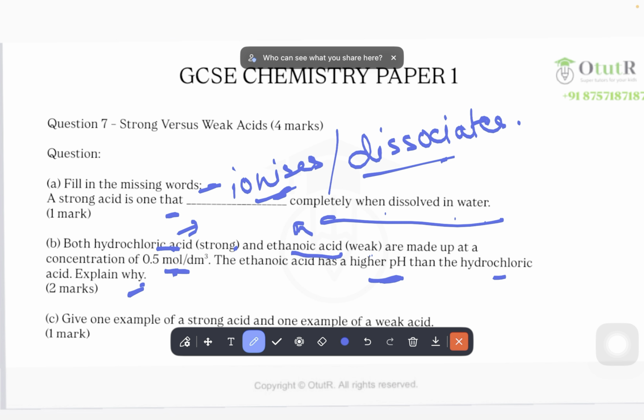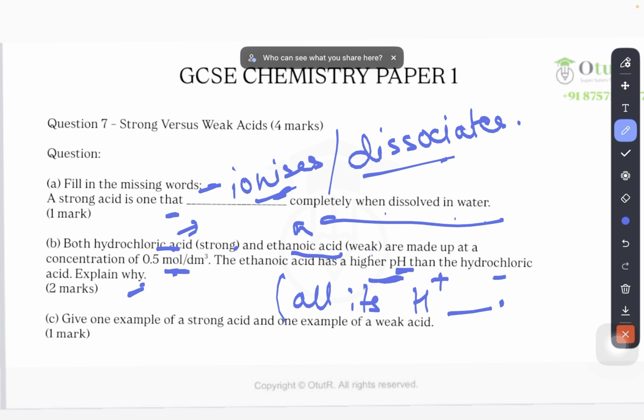So the answer is: hydrochloric acid is strong, so it releases all its hydrogen ions into the solution, whereas ethanoic acid is weak, so it releases only a small fraction of the hydrogen ions, resulting in a lower concentration of H+, and therefore it has a higher pH.